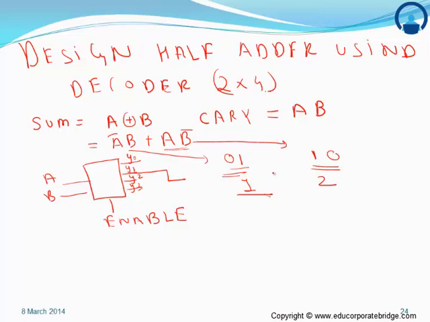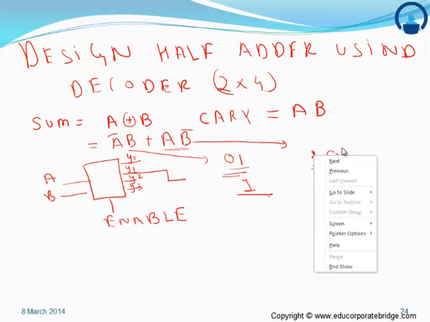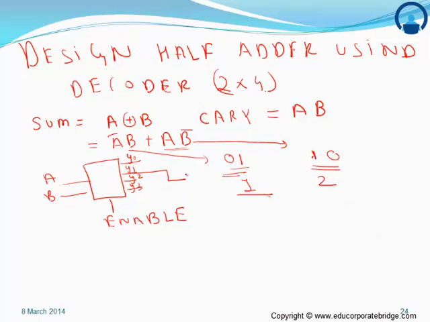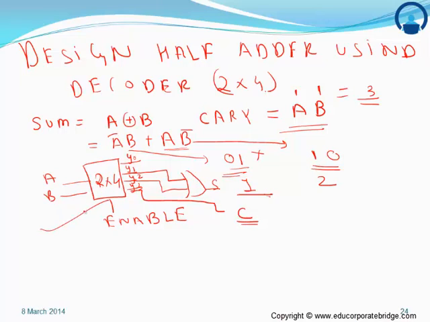Now the second term is A, which is 1, B bar, which is 0, that is 2, therefore Y2 will be selected. Now since there is a plus, we will have an OR gate. This is sum. Now the carry is AB, that is A will be 1, B will be 1, which gives 3, therefore Y3 will be selected, which gives the carry. Hence a 2x4 decoder has been used as a half adder.